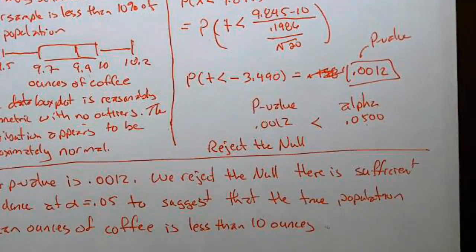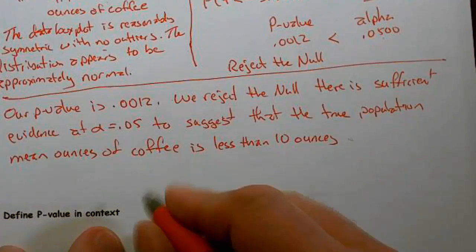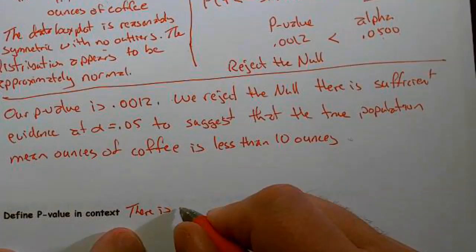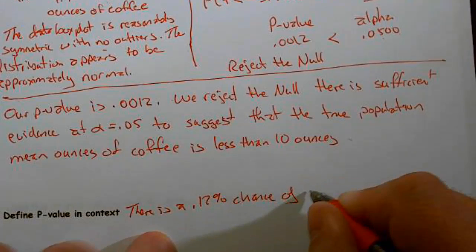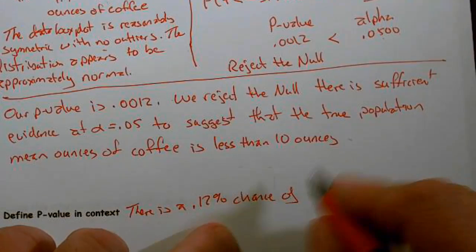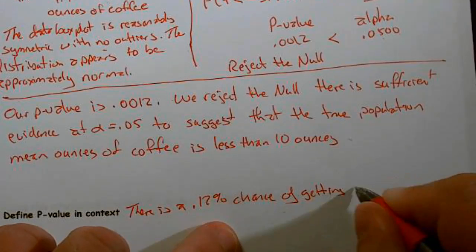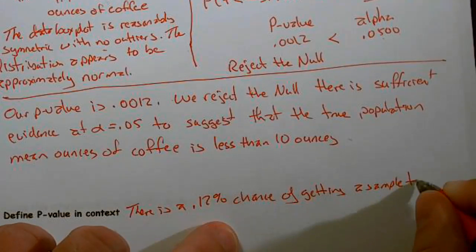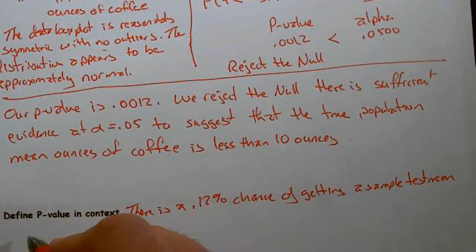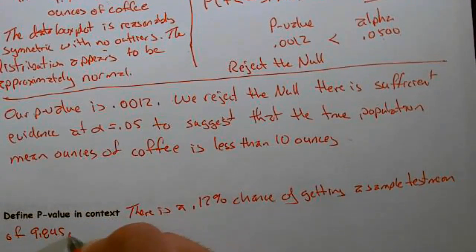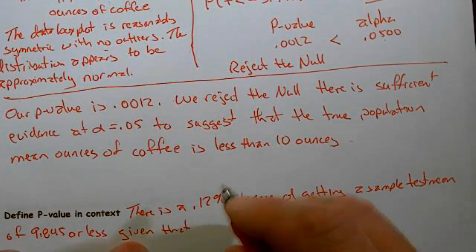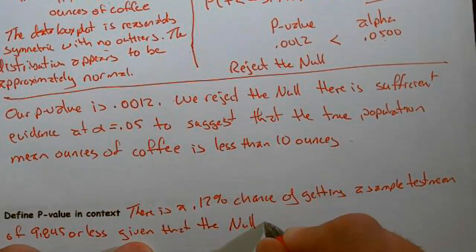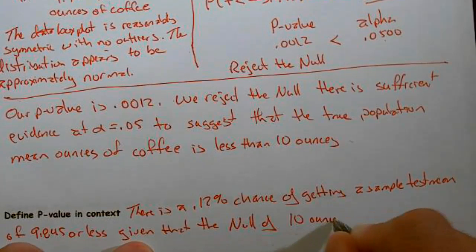So let's define our p-value in context. So in this case, there is a 0.12% chance of getting a sample test mean of 9.845 or less, given that the null of 10 ounces is true.